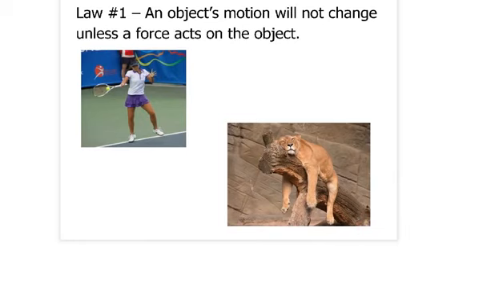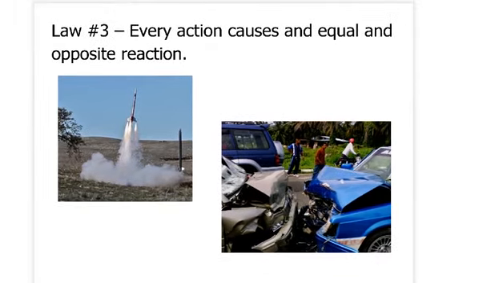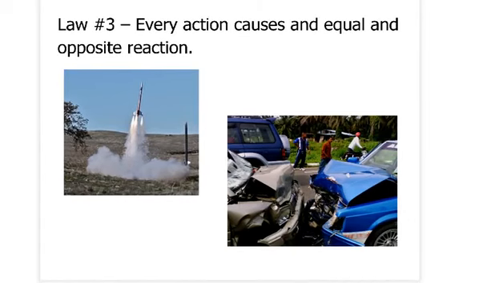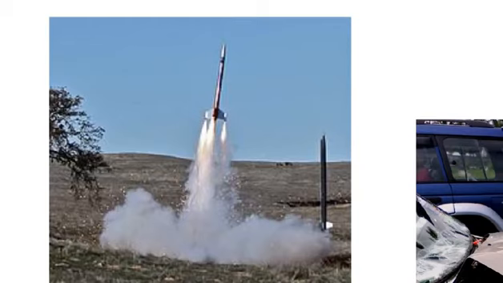Okay? And then this brings us to the third law of motion, which is something that you've probably heard before. Every action causes an equal and opposite reaction. Or for every action, there is an equal and opposite reaction. So an example would be this rocket. The action of the rocket occurs inside the rocket's body. There is a chemical reaction. The result is that hot, explosive gases are released out the back through nozzles going that direction.